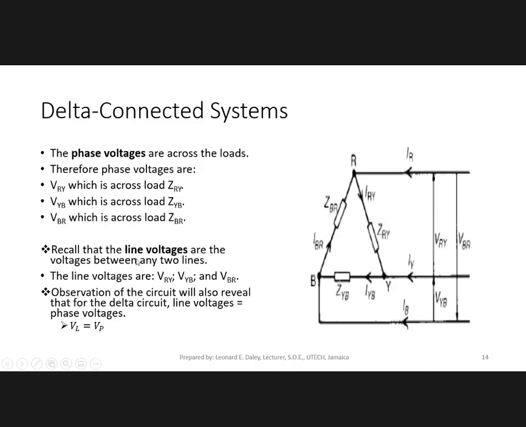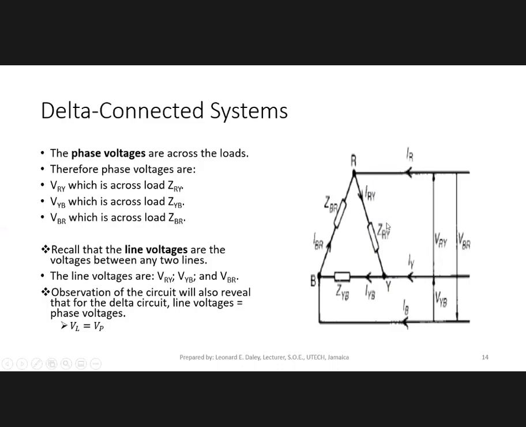But remember also that the line voltages are the voltages between any two lines. So the line voltage across here is VRY also, and across here is VYB, and across these two outer ones here is VBR. We can see just from observing this circuit that the phase voltage across here is the same voltage across here.